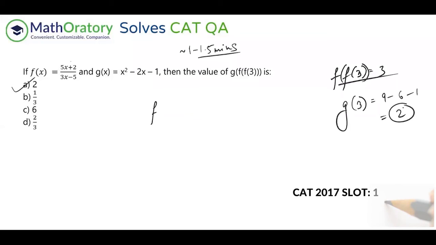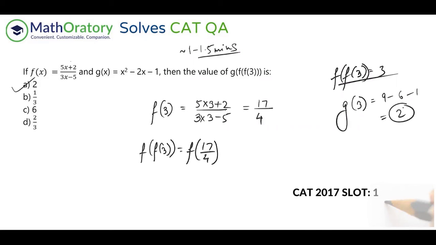For these functions, always start from the innermost part. So f of 3 is equal to 5 into 3 plus 2, divided by 3 into 3 minus 5. So what you have is 17 divided by 4. Now f of 3 is effectively f of 17 by 4. You have to deal with fractions like this, but it's fine, just be careful.